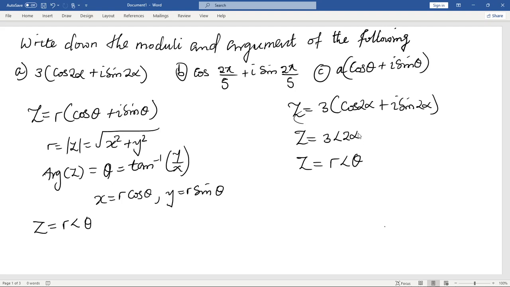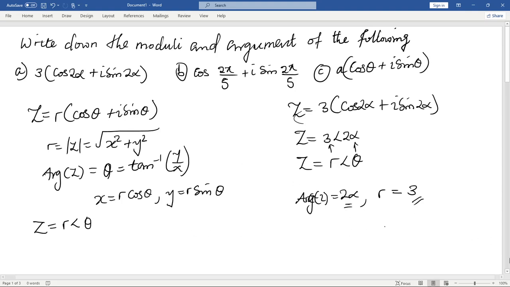So when you look at this, r is simply equal to 3 and theta is equal to 2 alpha. Therefore the argument of z is 2 alpha, and the modulus is simply 3. These are the solutions for A.